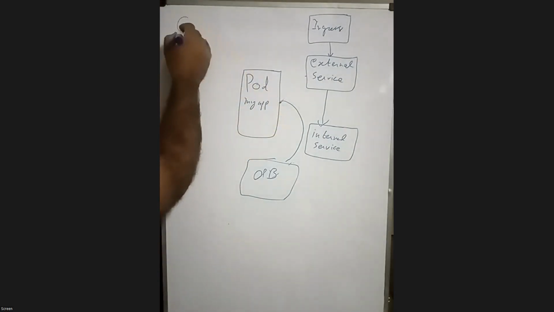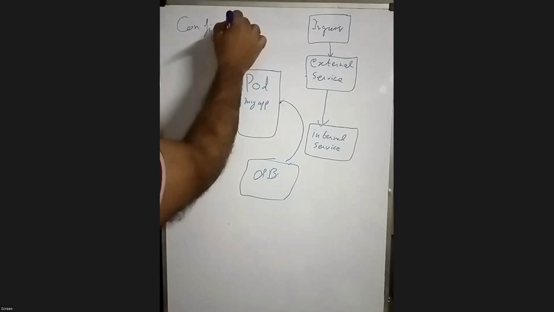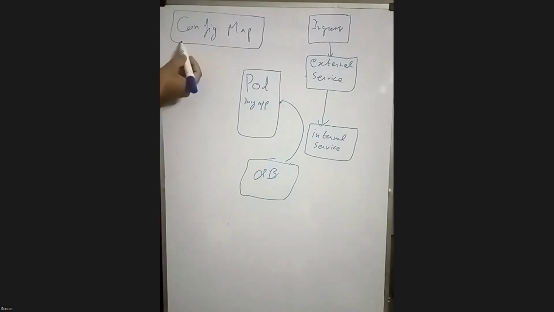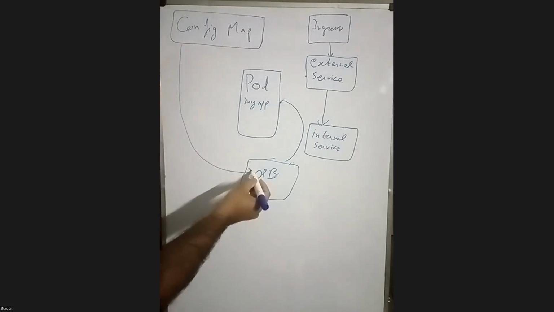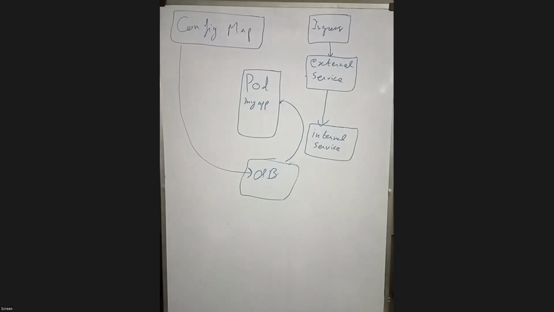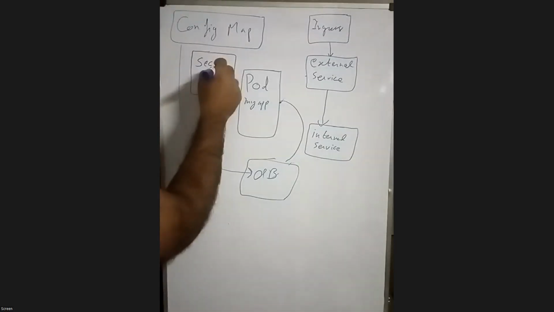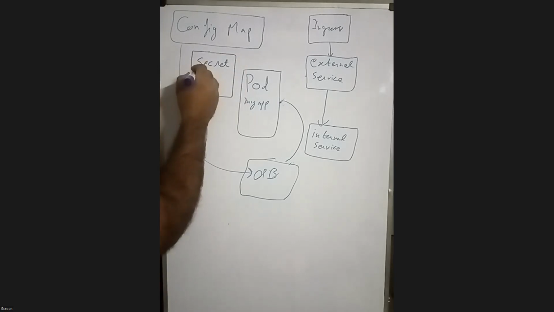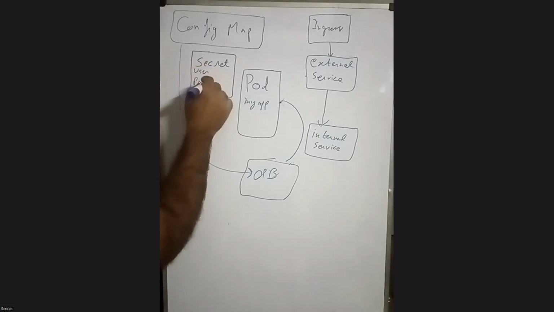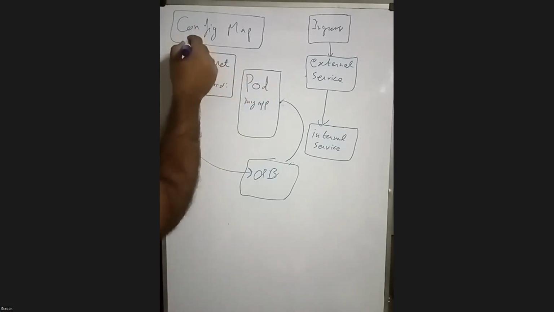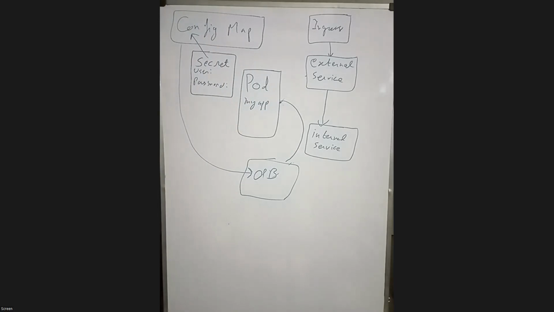We have our config map, in which we will define our database username and password and some other variables. And the config map takes some data from the secret, like the user password. So this value is taken from a secret file.